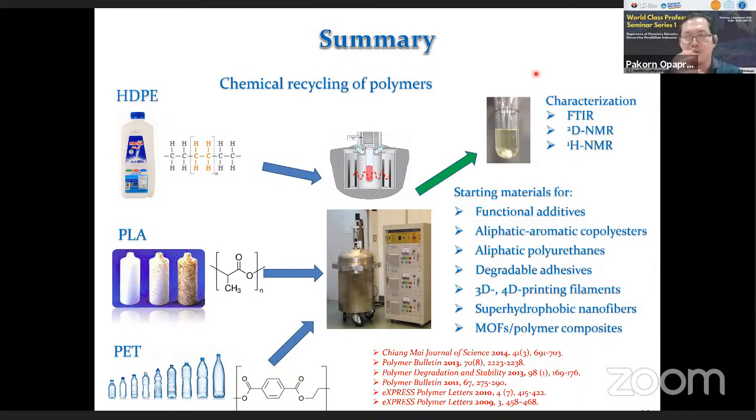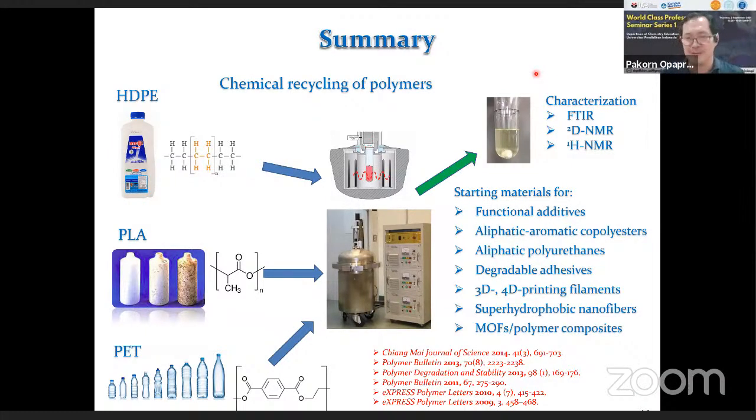We don't need to bring in new resources to make the polymer, and the polymer that we use as products, when they go to the end of life state, we can bring them back and convert them to new raw material, and we can make them into new products with higher value or with better properties, compared to original polymers, right?